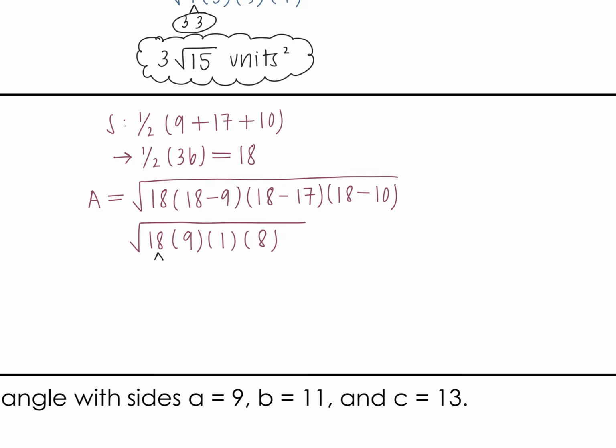So this is going to help me with that 18 because I'll have 2 times 9, which will give me a pair that I can pull out. Then with my 8, I would have 4 and 2, and then 2 and 2. So I've got another pair, and then I'll have one more over here. So I can pull out 9 times 2 times another 2 to get that my area here is going to be 36.